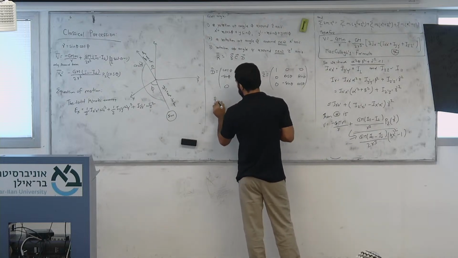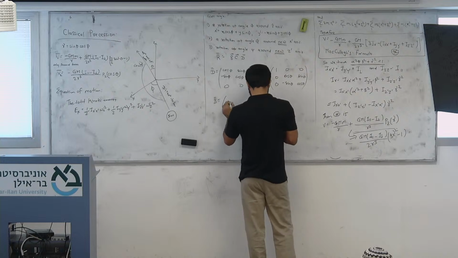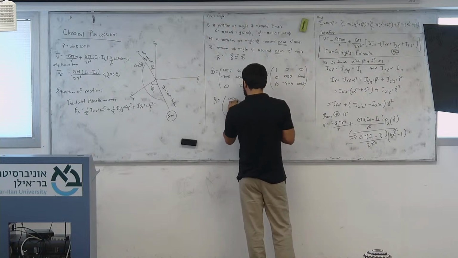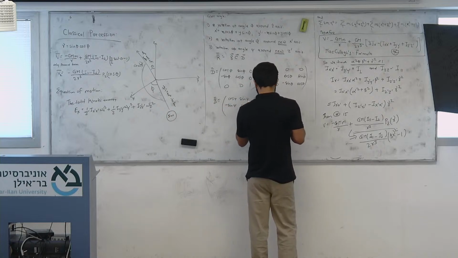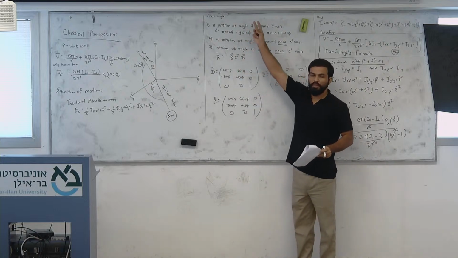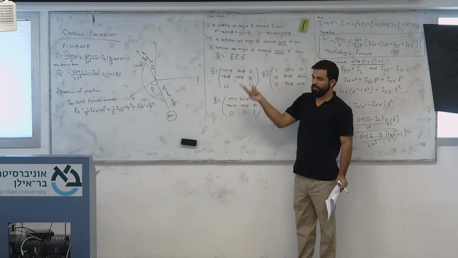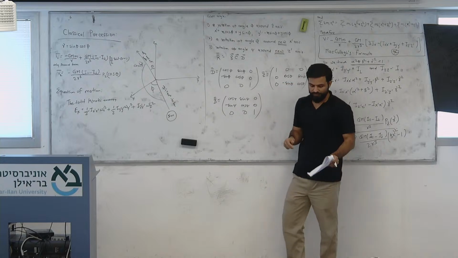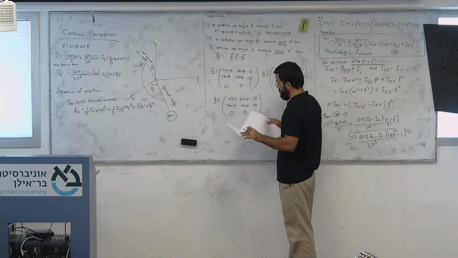B is cosine psi, sine psi, 0, minus sine psi, cosine psi, 0, 0, 0, 1. So these are the 3 rotation matrices, and this is how the rotation is defined. Use this thing, you'll have it in here.